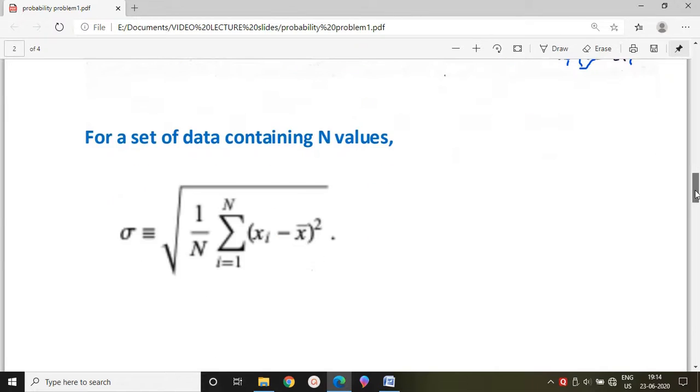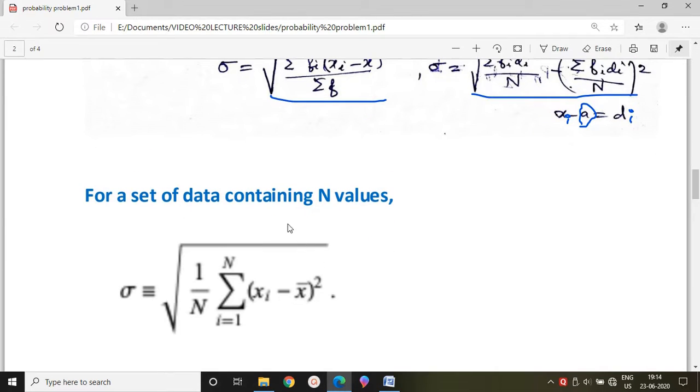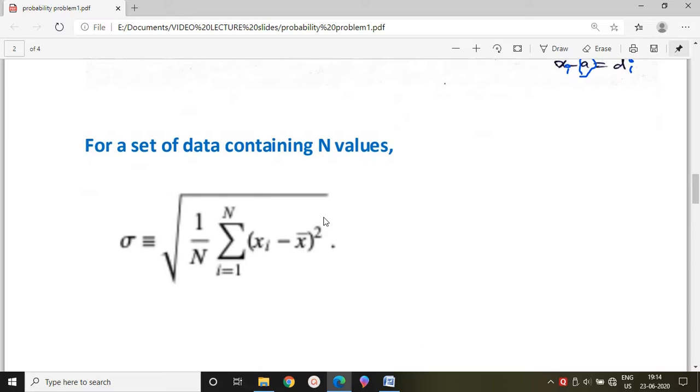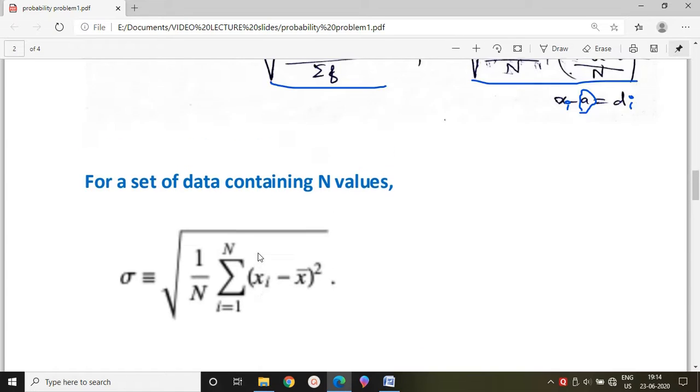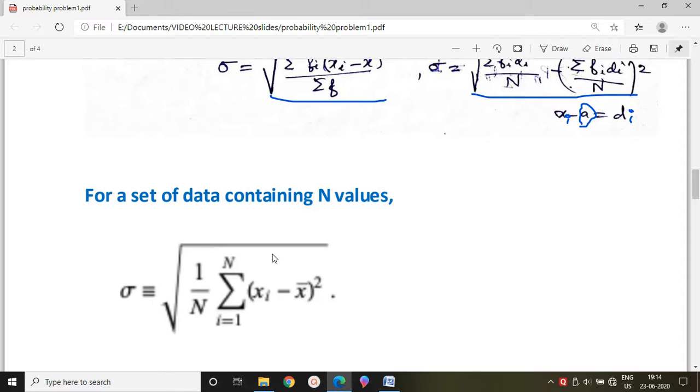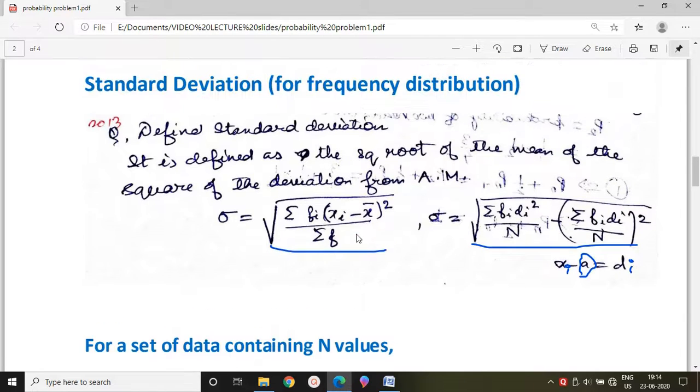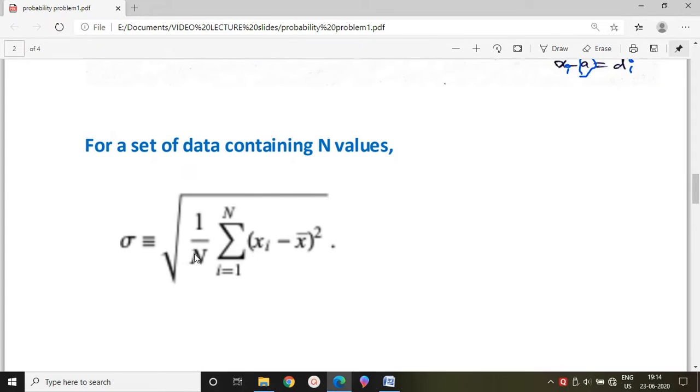Then we have, for n values, that is if you have only a set of data, not a frequency distribution table, then your sigma, which is your standard deviation, is simply square root of sum of xi minus x bar whole square, i goes from 1 to n, divided by n.